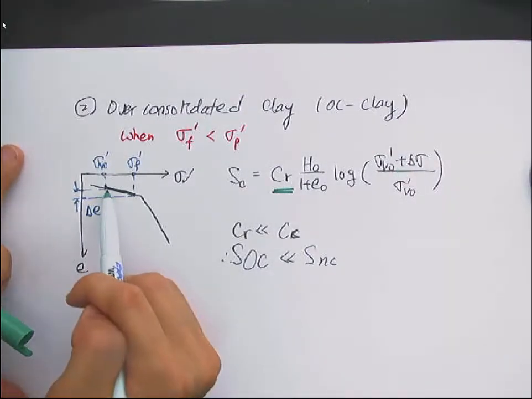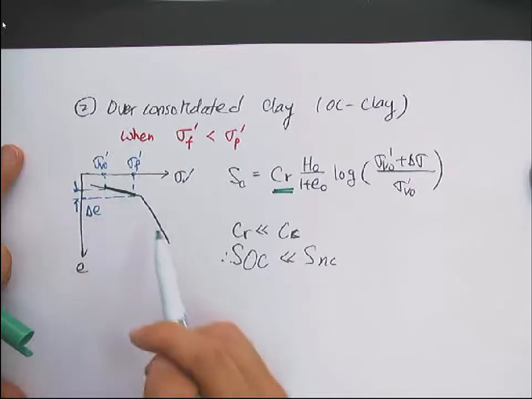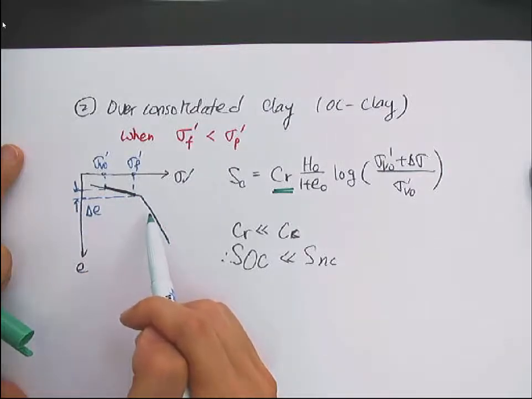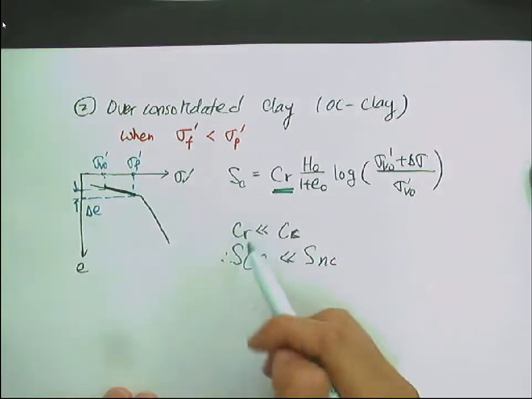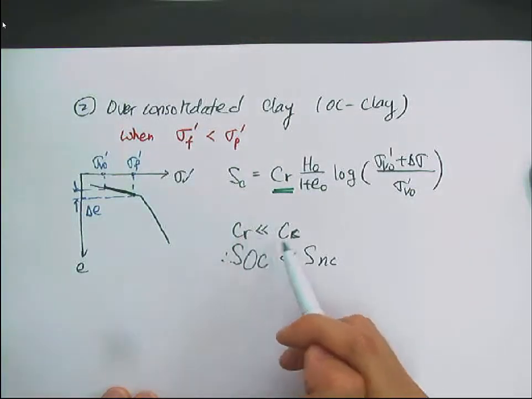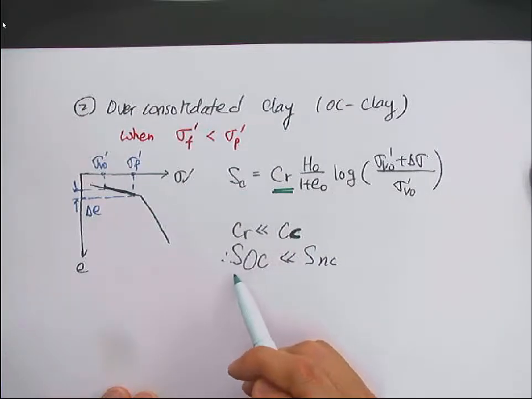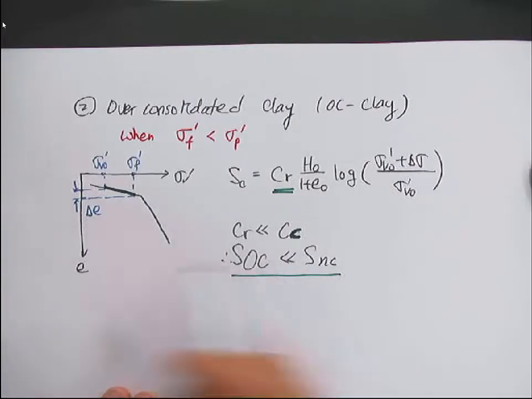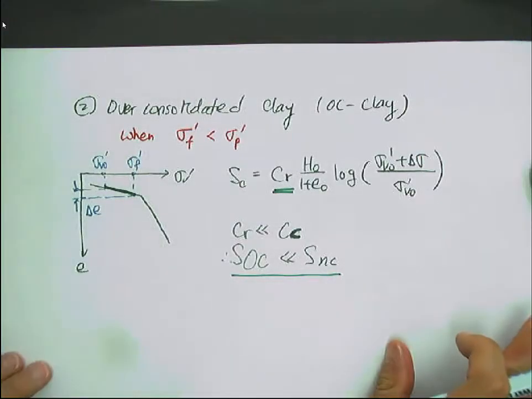It makes sense because in the OC clay they follow this recompression curve. But in the NC state, the normally consolidated clay follows the virgin compression curve, so you have to use a different slope. As Cr, the recompression index, is much smaller than the compression index, Cc, for the same amount of loading, the settlement in the over-consolidated clay will be much less than the settlement of the normally consolidated clay.